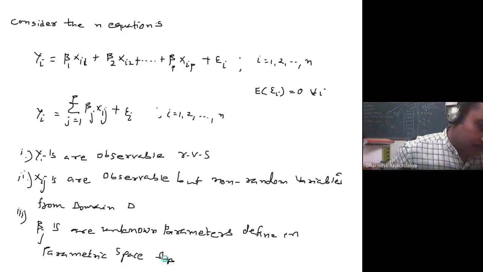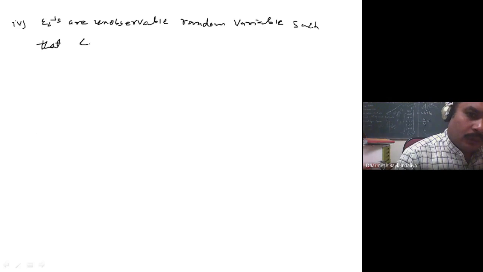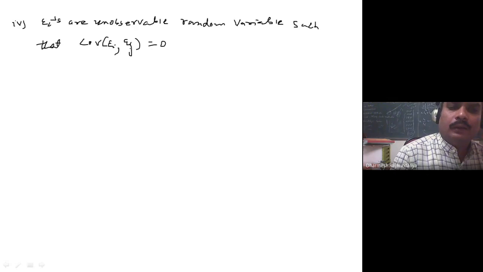The epsilon i are unobservable random variables such that the covariance between epsilon i and epsilon i dash, with i and i dash instead of j because j we have already used, is sigma i i dash.